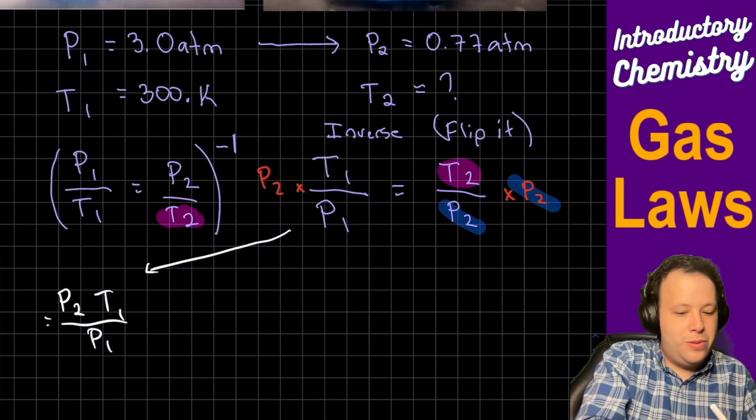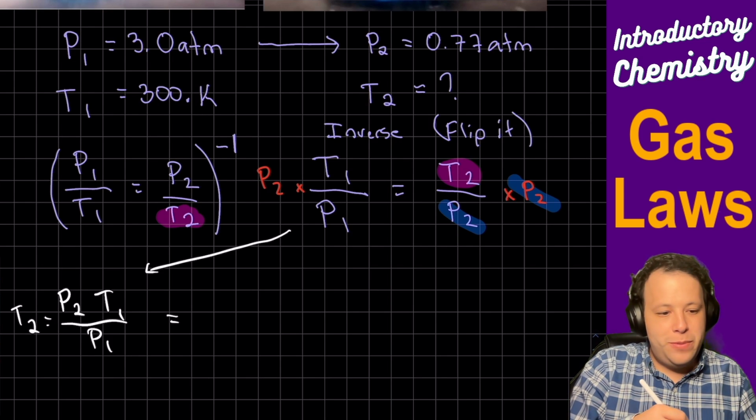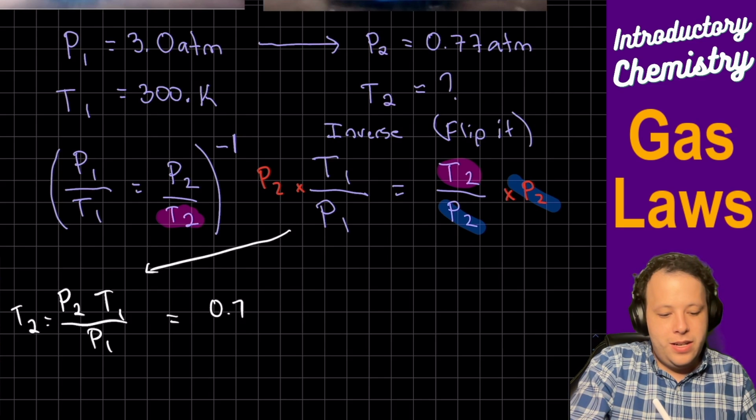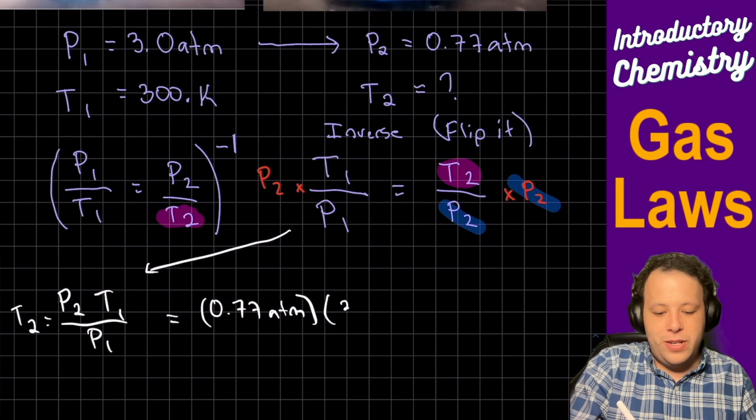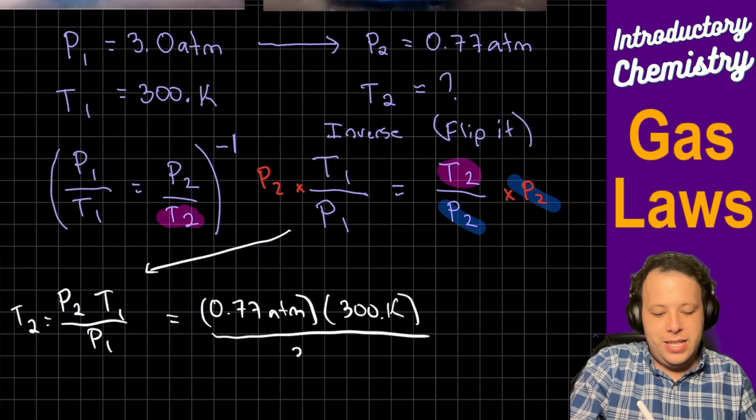So our formula in this case will be P2 T1 over P1 is equal to T2. We take all of our numbers from earlier and plug in our new pressure and our original temperature, so 0.77 atmospheres times 300 Kelvin, divided by 3 atmospheres.